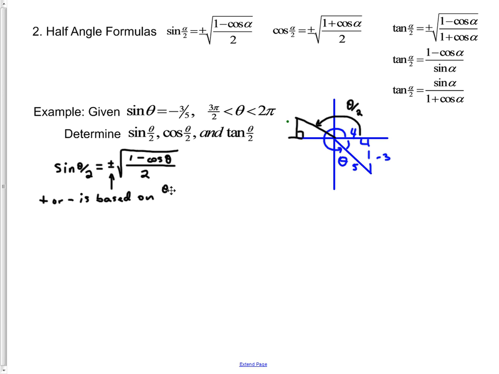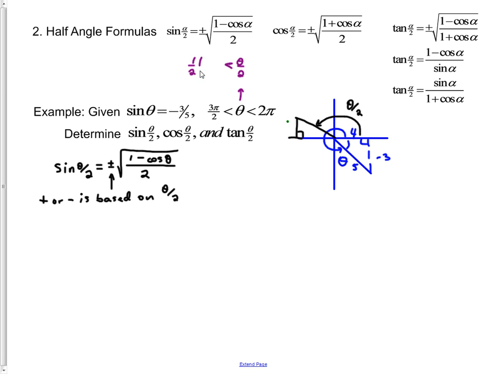So we look for the quadrant in which theta over 2 terminates, and we'll note that if theta is between 3 pi over 2 and 2 pi, we can actually figure that out relatively easily. And the way we're going to do it is this. Since theta is between 3 pi over 2 and 2 pi, then what would theta over 2 be between? Well, take all of these numbers and divide them by 2. That is, multiply by 1/2.